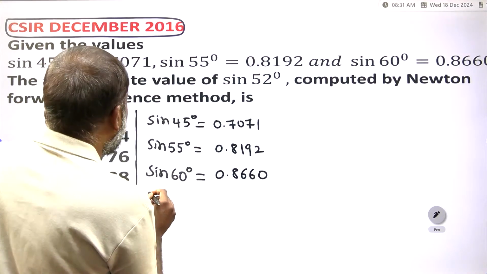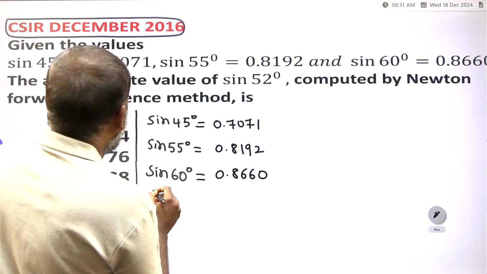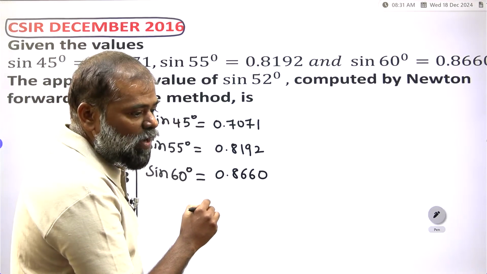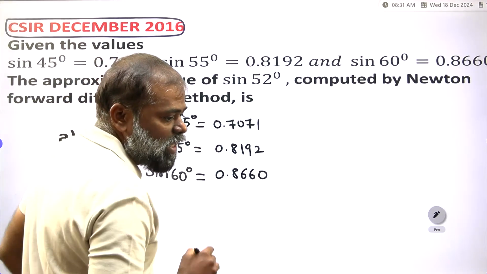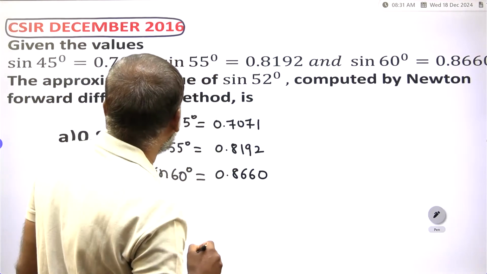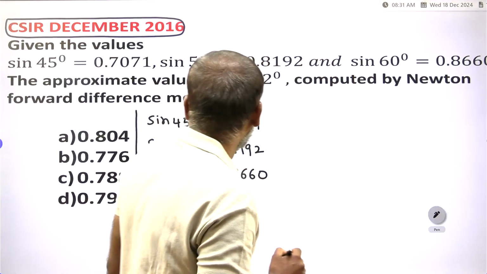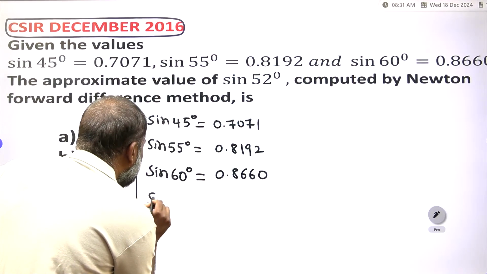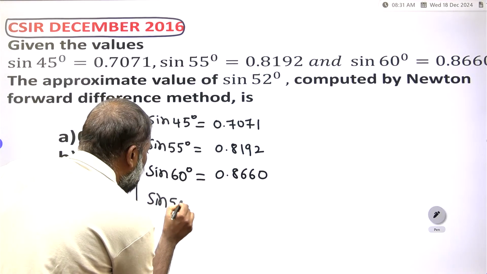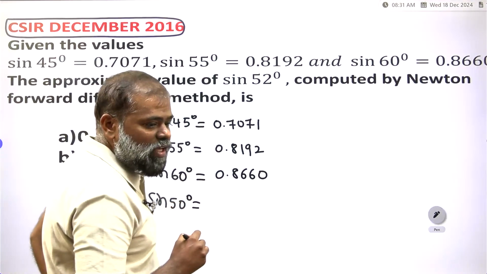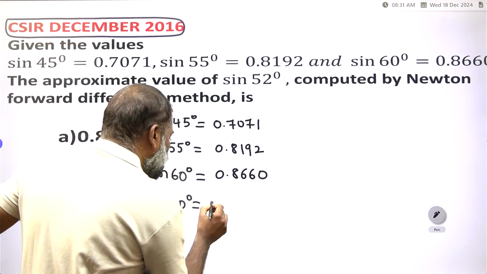Sin 45, sin 55, sin 60 they are giving. Sin 50 is also there, but I missed that value. I will give it to you.